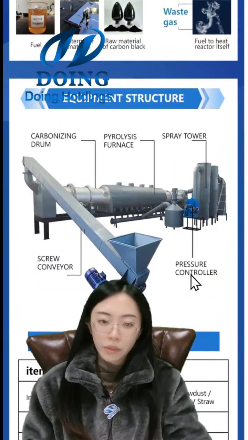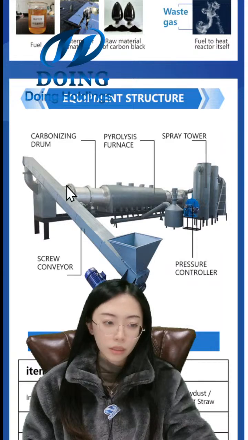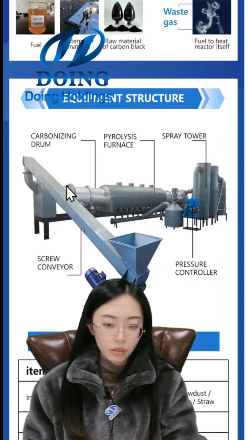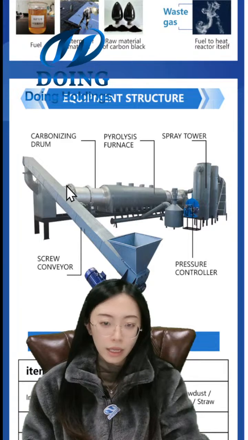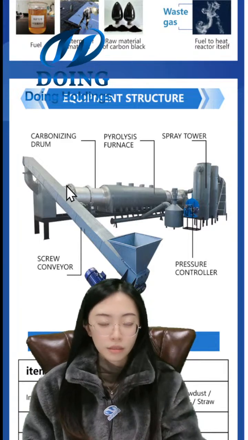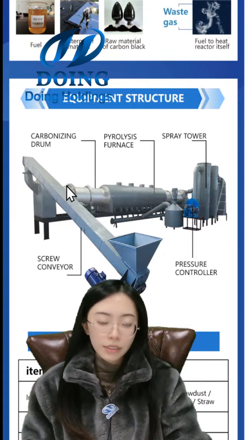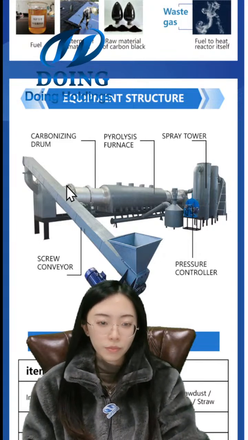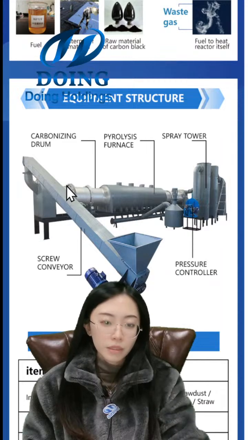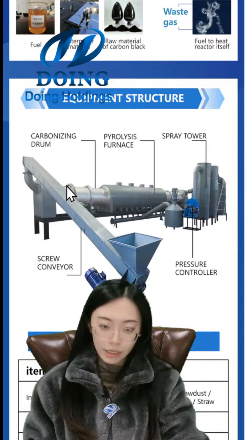And this is the equipment structure. It includes the feeding system. We use a sealed feeding screw conveyor to feed the material into the furnace. The standard for the raw material is better to be lower than 15% moisture and 2 centimeters in size.